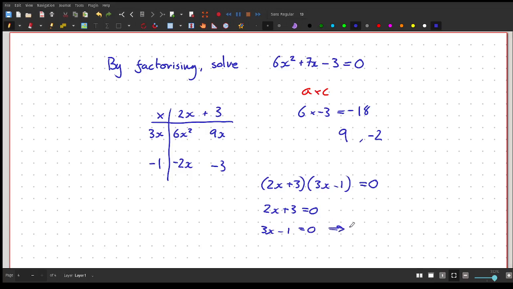With this one we get 3x equals 1, so x equals 1/3, and with this one we get 2x is minus 3, so x is minus 3/2. Those are the two solutions to this equation.